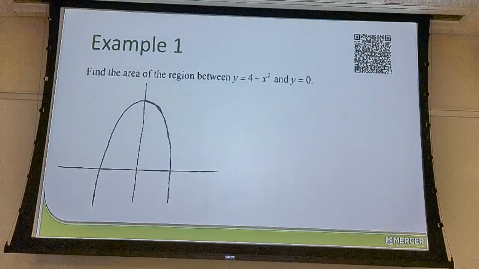That's good enough. That'll be 4 minus x squared. What's y equals 0? The x-axis.